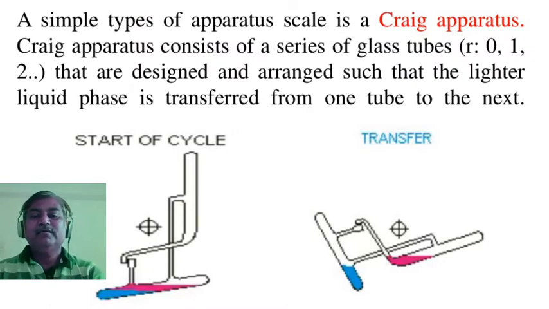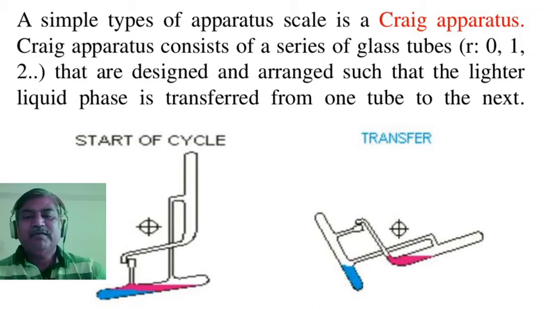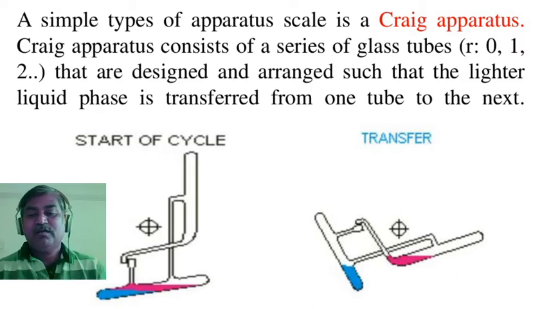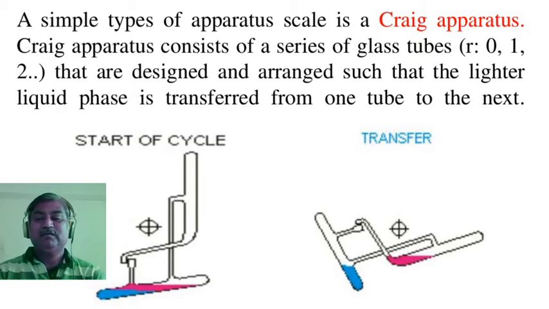So a single tube is shown here like this. It contains a single tube at the start of the cycle, designed and arranged such that the lighter liquid phase is transferred from one tube to the next. During the start of the cycle, the pink color shows the low density solvent system, suppose it is the organic phase, and the blue colored layer shows the higher density phase, maybe the aqueous phase.